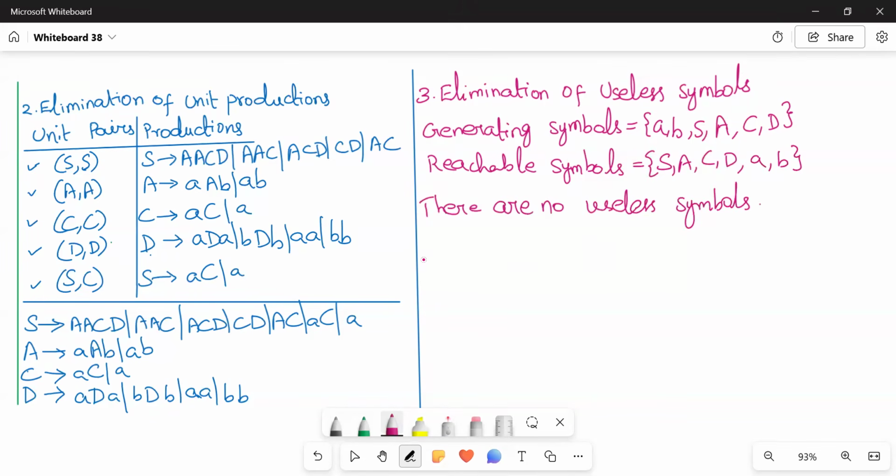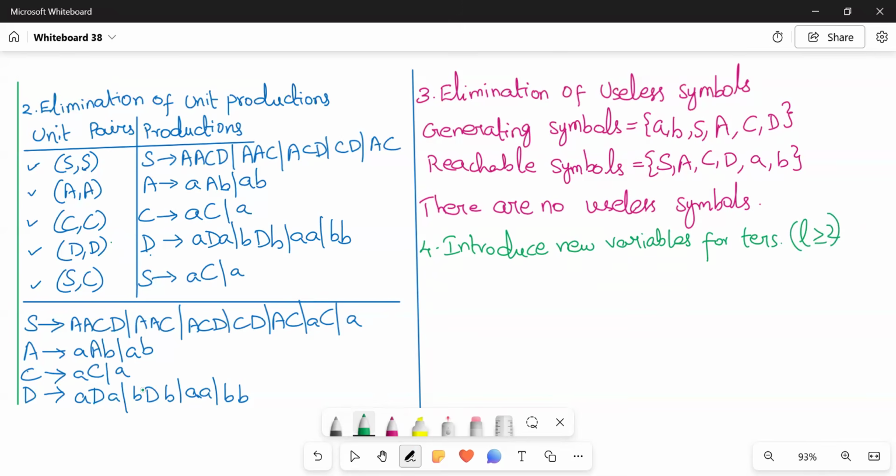Then the fourth step is we need to introduce new variables for terminals. So introduce new variables for terminal symbols with production body of length greater than or equal to 2.